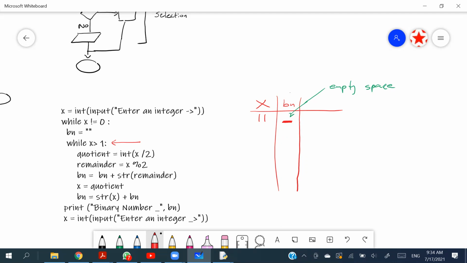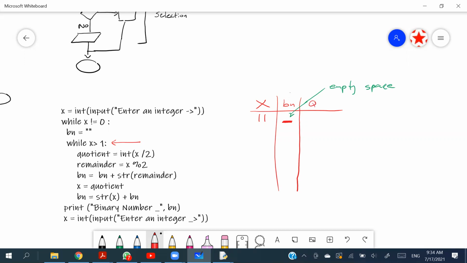So here what it says, you divide the x by 2 and convert the number into an integer. That means the decimal part will be taken out, only the integral part will be considered, right? So x divided by 2 means 11 divided by 2, it's going to give you 5.5. Once it is converted into the int, it's going to be 5.